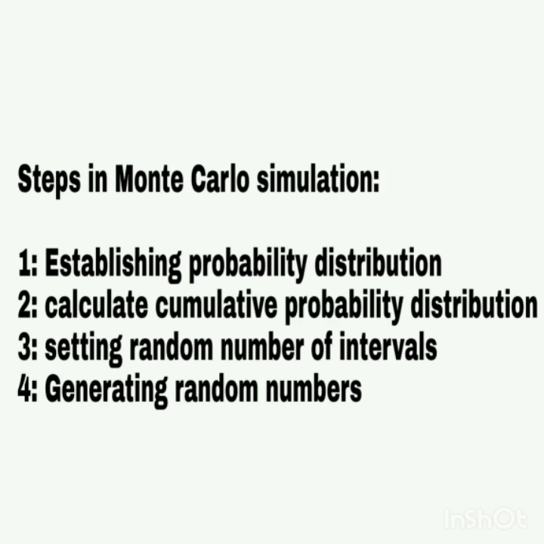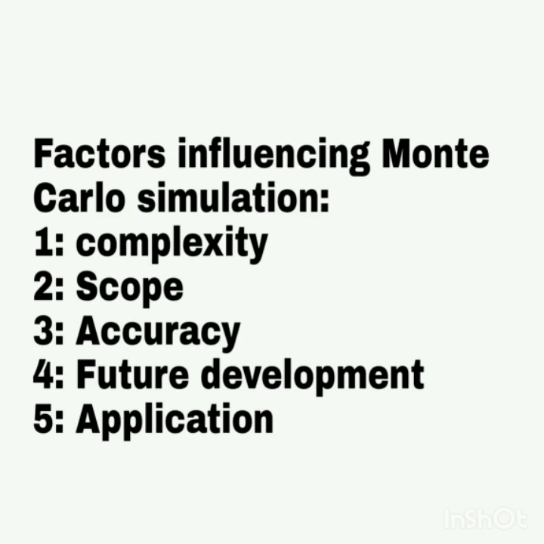Then the fourth step is generating random numbers, which also provides good, accurate results to the user for generating accurate statements for the particular situation. Probability distributions are a much more realistic way of describing uncertain variables in a risk analysis. So Monte Carlo simulation provides a distribution of possible outcome values by using probability distributions. These are the important steps of Monte Carlo simulation.